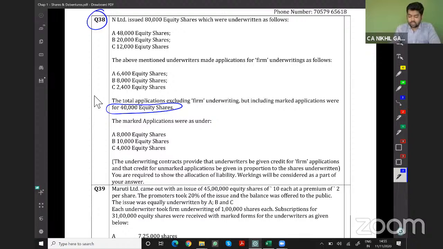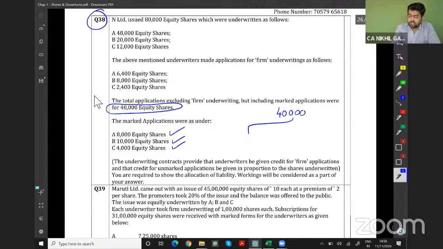But out of this 40,000 shares, 8,000 of the investors were brought by Mr. A, 10,000 by Mr. B, and 4,000 by Mr. C respectively. Okay, sir. And the remaining was due to the company's reputation.